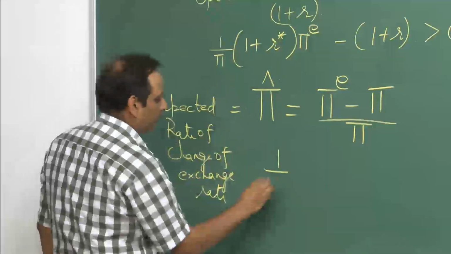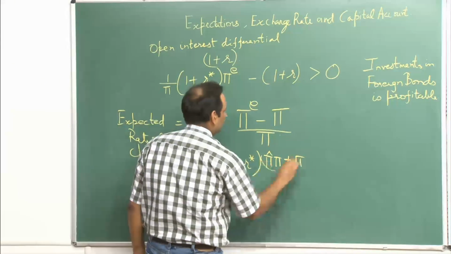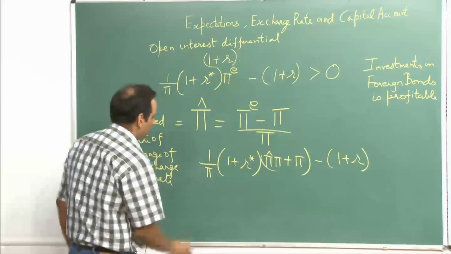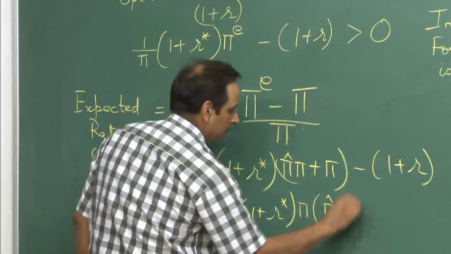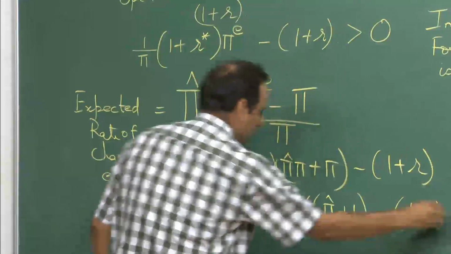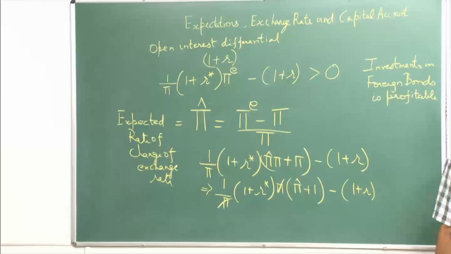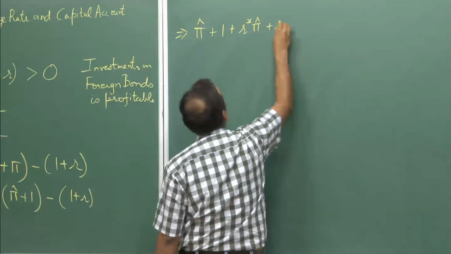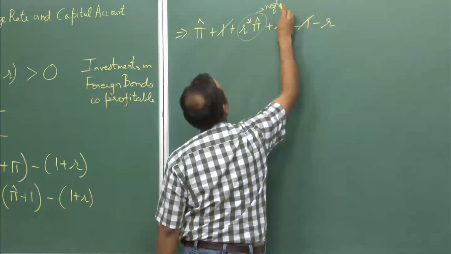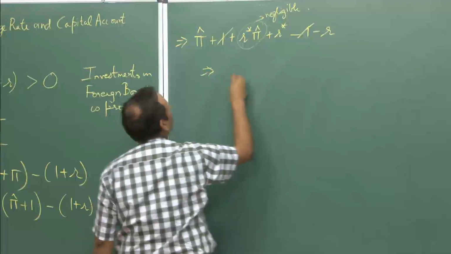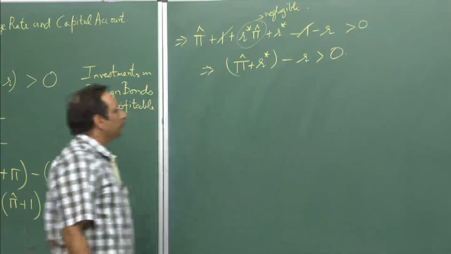So, from here, 1 by pi times 1 plus r star times pi e, compared with 1 plus r.